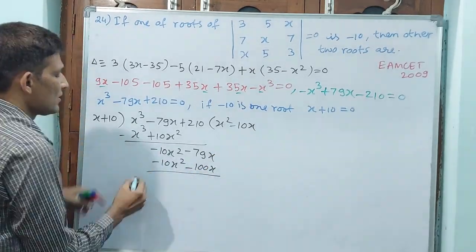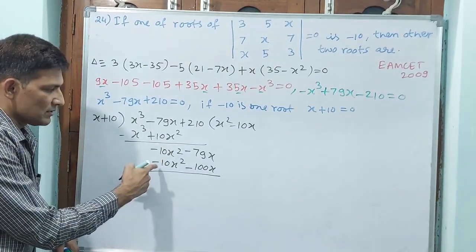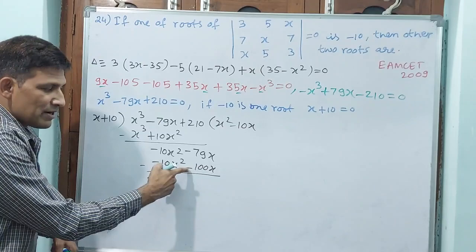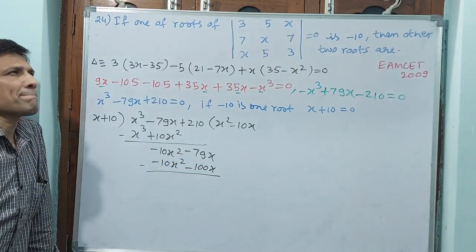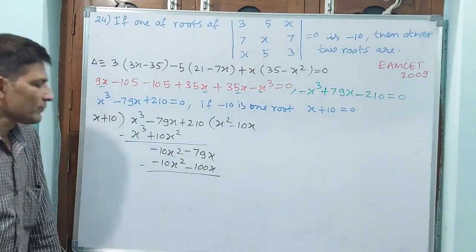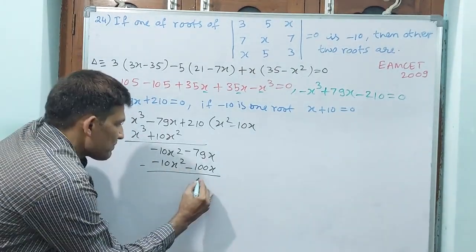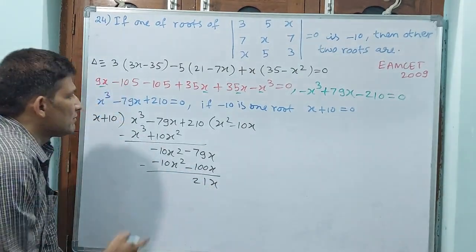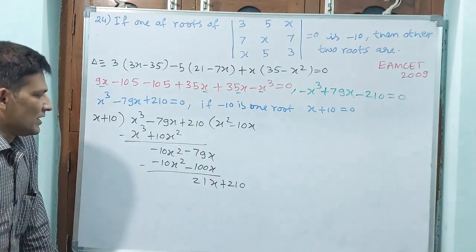When you subtract, these are going to get cancelled out, but here it is going to become plus 100 minus 79, 21x will come. Why plus? Because 100 is plus here. But 210 also will come. Next, now it is easy.